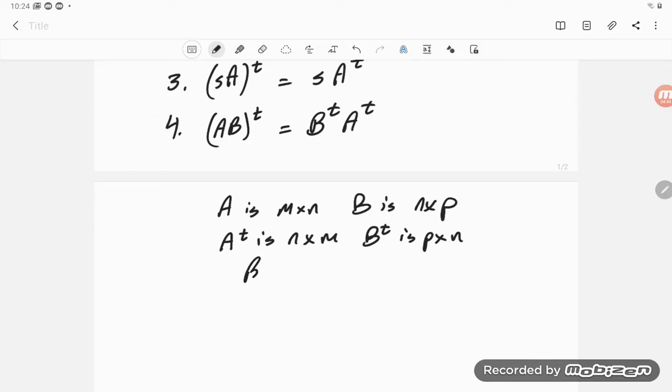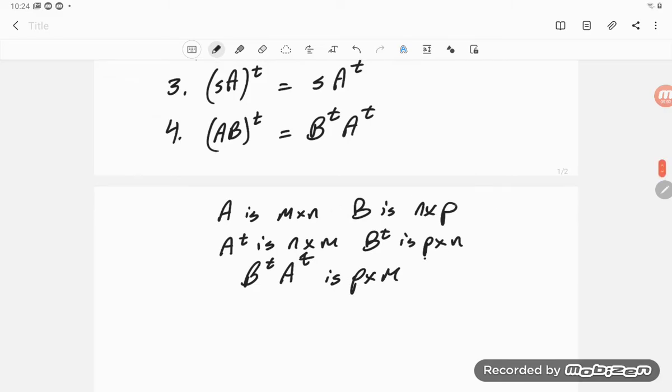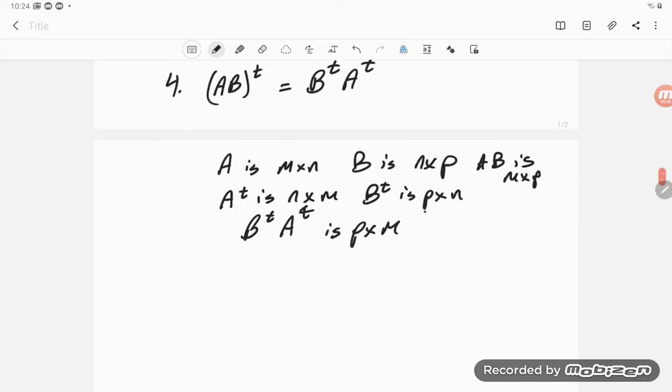But B transpose A transpose, that's the p by n times n by m. This is p by m, whereas AB is m by p. So those swapped.